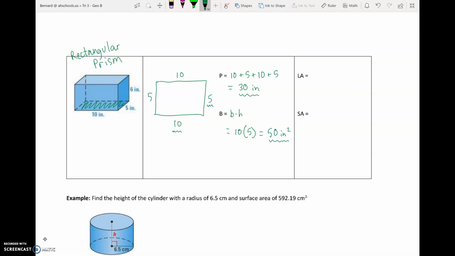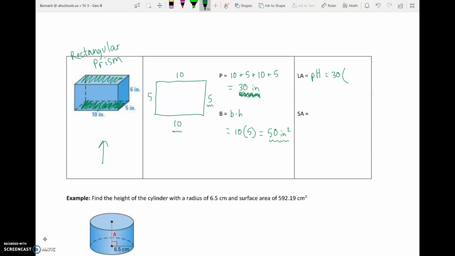So for lateral area, just one more time, that's perimeter times height. We just calculated our perimeter of our base to be 30. And so it'll be 30 times the height of our rectangular prism. Let's look over at our prism again for one sec. We're considering the bottom one of our bases, which means the top is the other base.